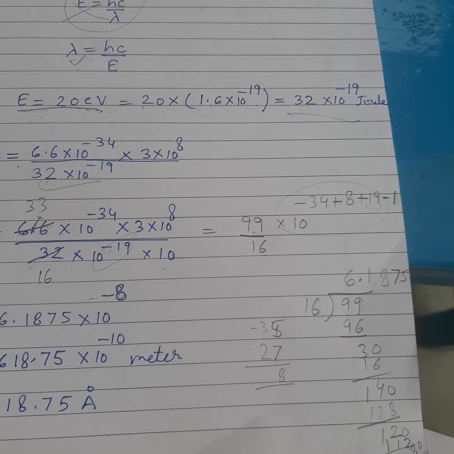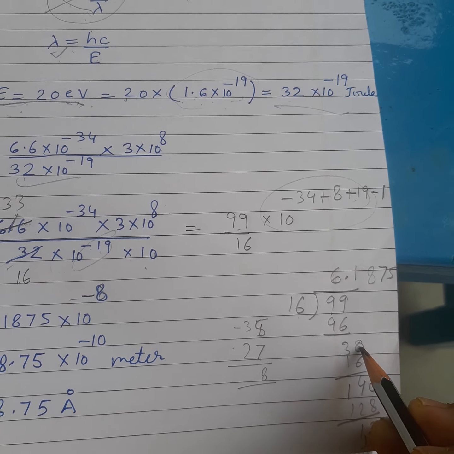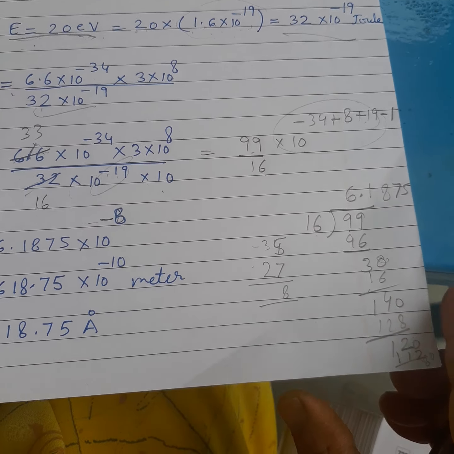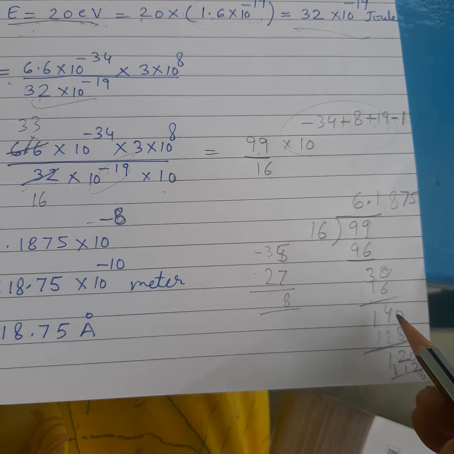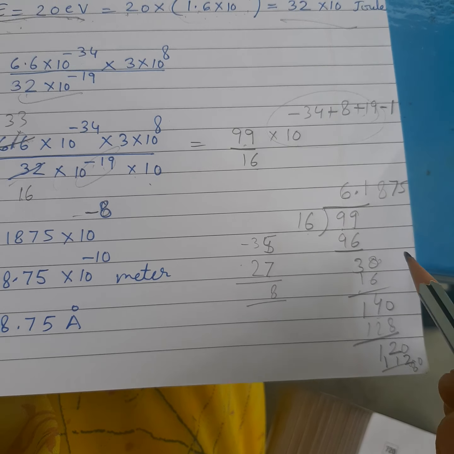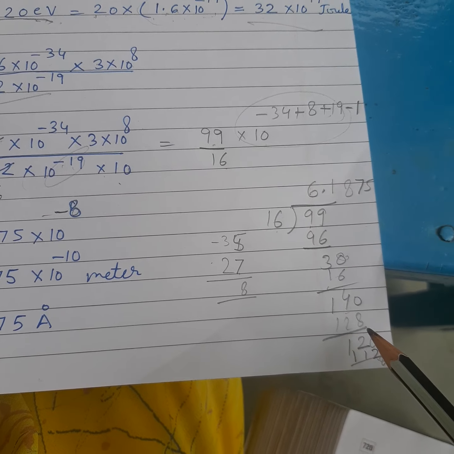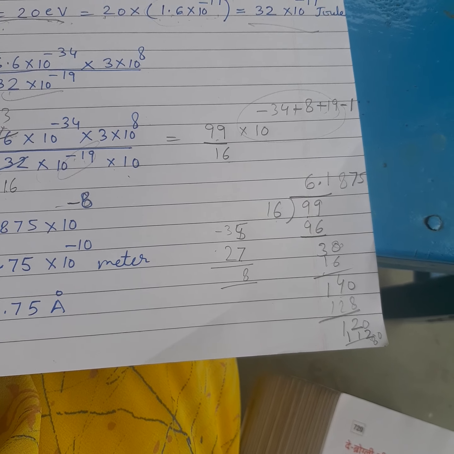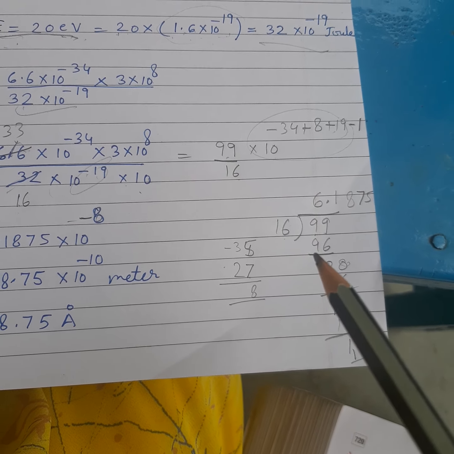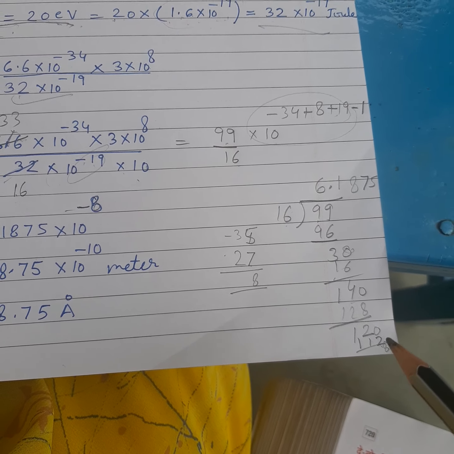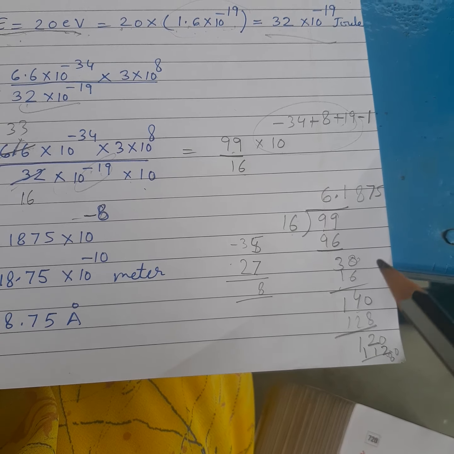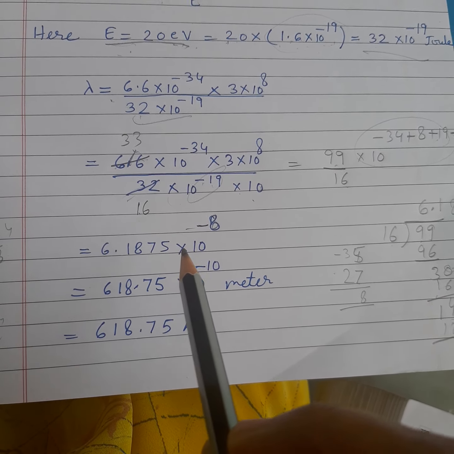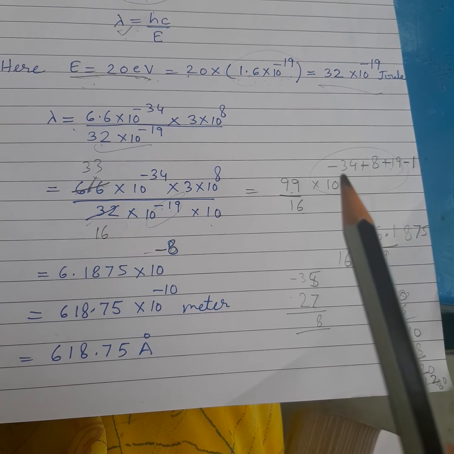Now no number here, so you put the decimal and put a 0. 16 ones are 16, 10 minus 6 is 4, 2 minus 1 is 1. Now decimal is there, so you can put a 0 here. It goes 8 times, 128. When you subtract, 10 minus 8 is 2, 3 minus 2 is 1, so 12. So 16 sevens are 112. 10 minus 2, again 8. So 16 fives are 80. So 6.1875 into 10 power minus 8.